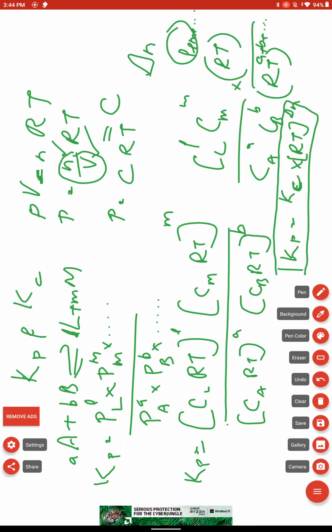Delta N we can represent as L plus M plus etc. ഇങ്ങോട്ട് പോയി minus A plus B plus etc. The change in number of moles in the reaction is delta N, that is number of product molecules minus number of reactant molecules. That gives the delta N.